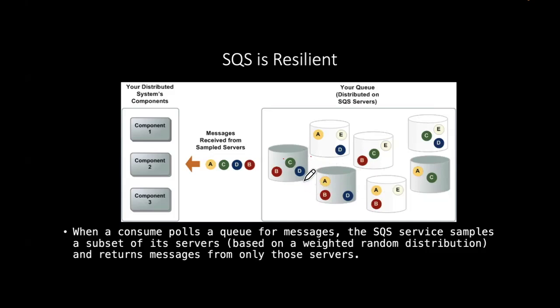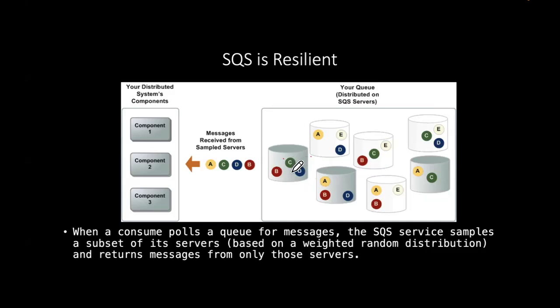Now you can see that A appears here and A appears here. SQS knows that it's not going to give two copies of A back to the consumer. It will eliminate any duplicates it finds, having selected a subset of nodes, and then return individual copies of the messages that it found on the nodes it selected.